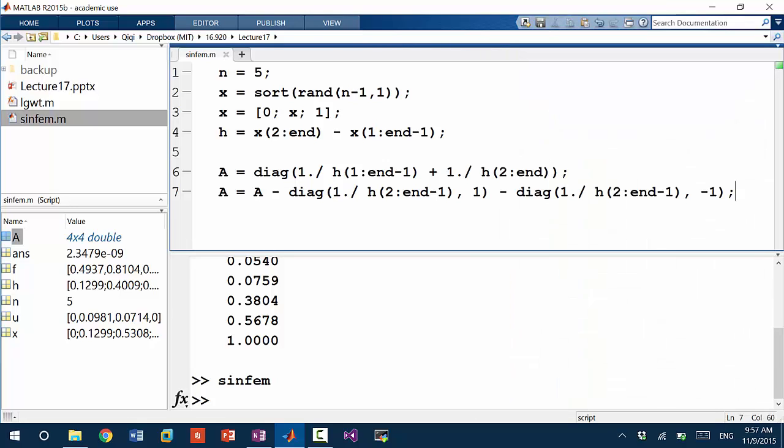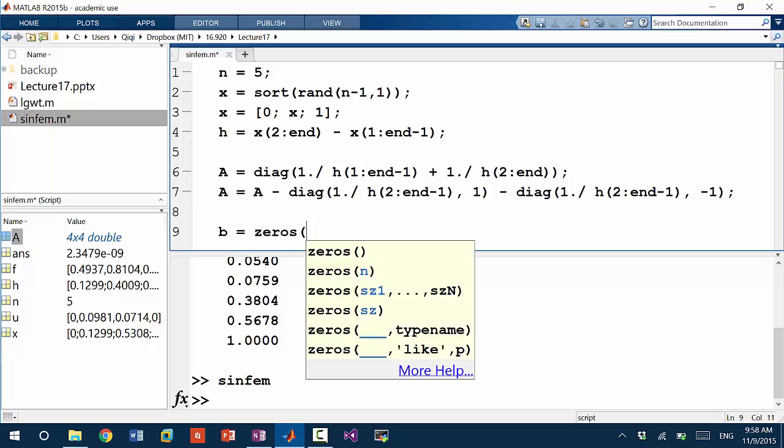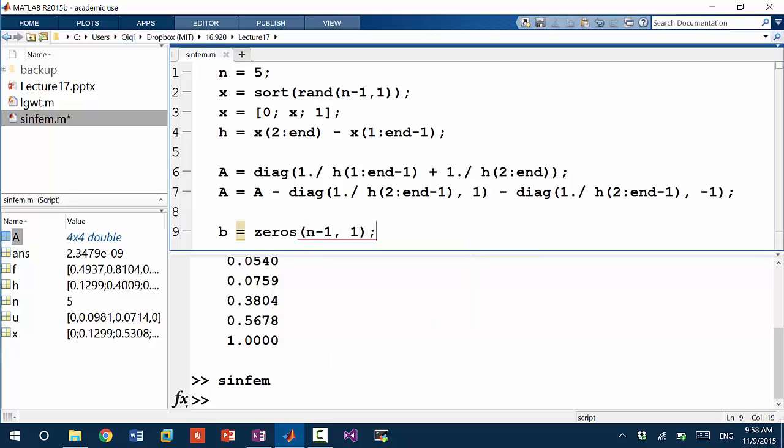All right, and also let's utilize what we learned about Gauss quadrature to compute the right hand side. So my b, let's first initialize at zeros, n minus 1 by 1. That's the size of my right hand side.